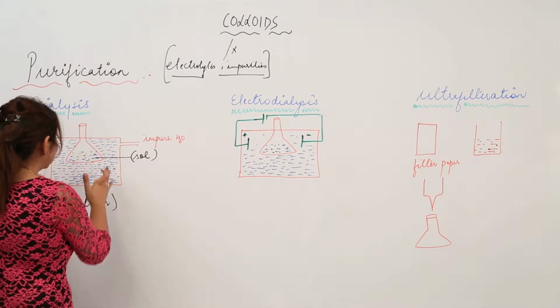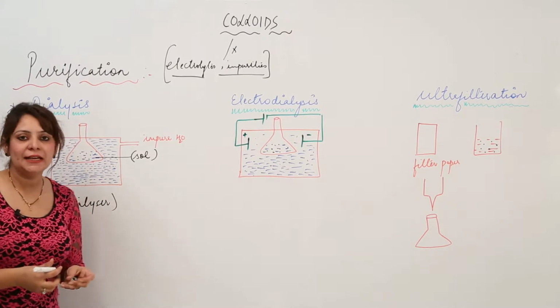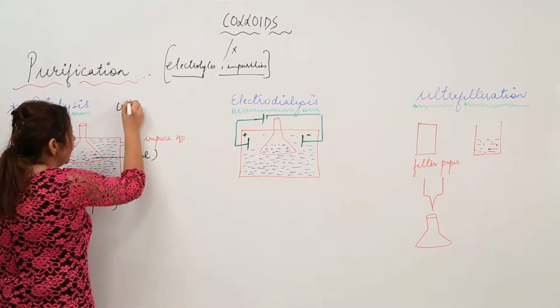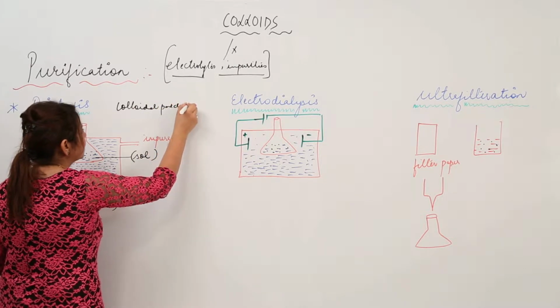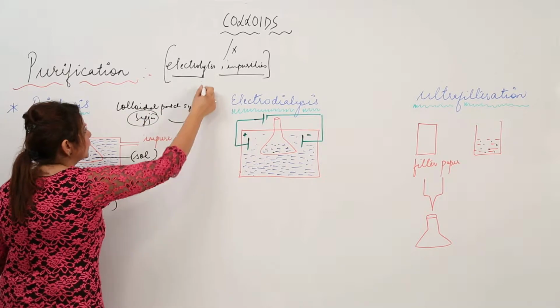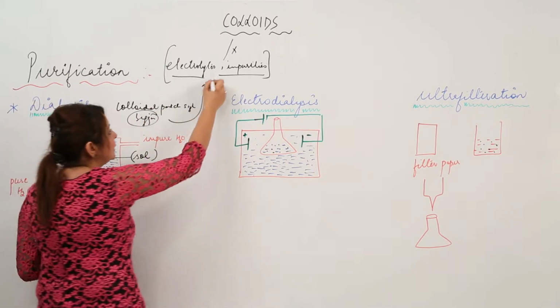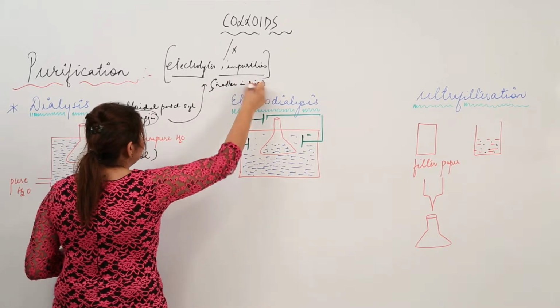The principle behind dialysis is that the colloidal particle size is bigger if we compare it with the size of the electrolytes and impurities. That means they are comparatively smaller in size.